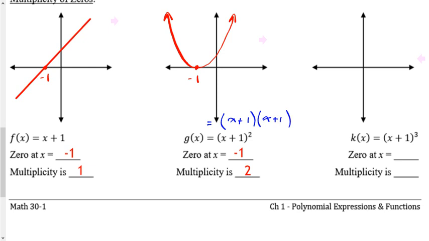If we were looking for zeros, we would set this equal to 0 and solve. We'd get two equations: x plus 1 equals 0, and x plus 1 equals 0. Probably in the past you talked about this point being one x-intercept, and all through high school that's good. In the future you might be told that there are two x-intercepts, but they are equal.